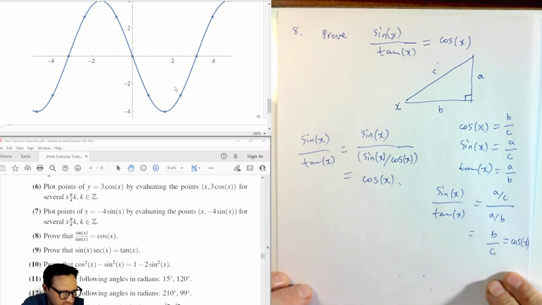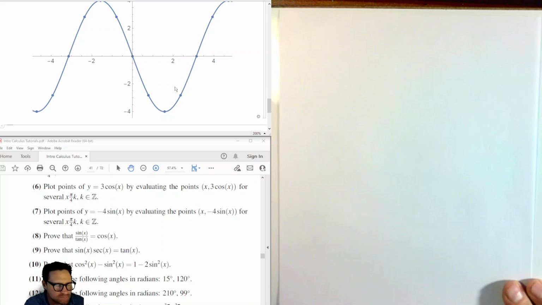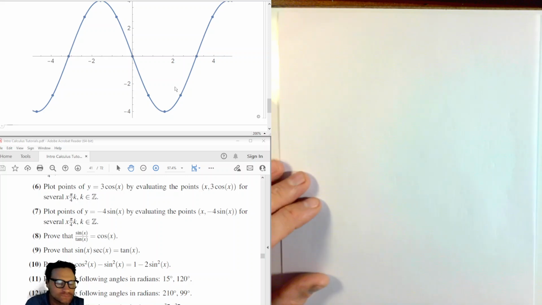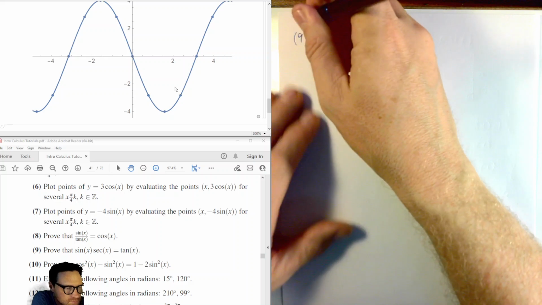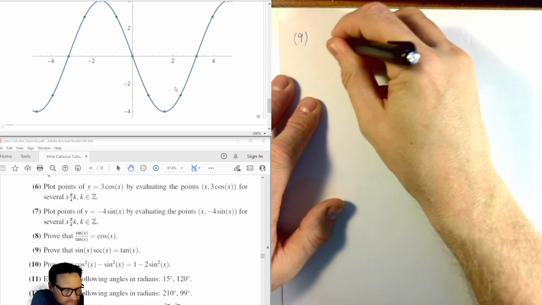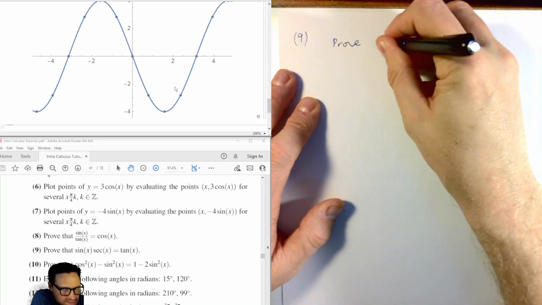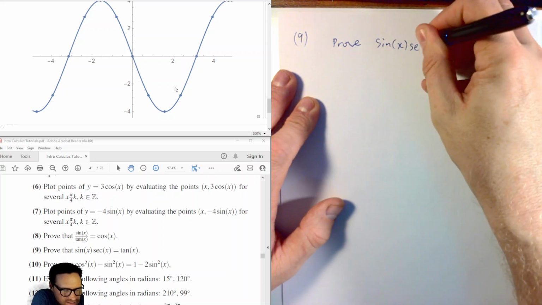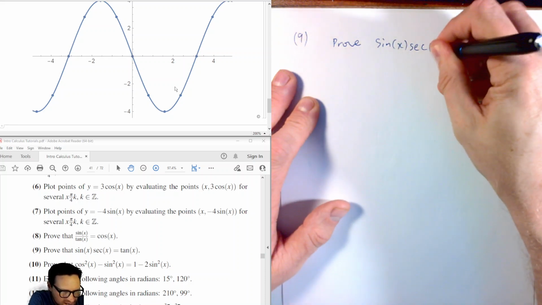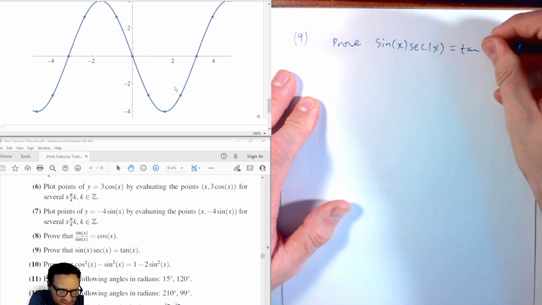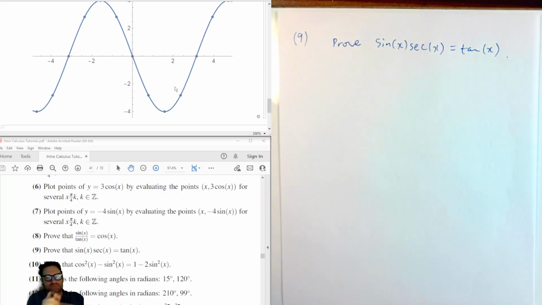All right, let's move on to question 9. Prove that sine of x sec x is tan of x. Now sec is 1 over cos, right?